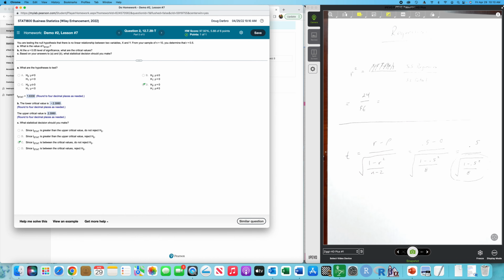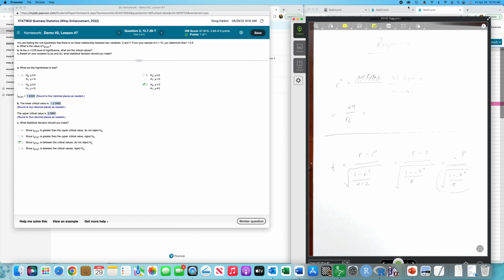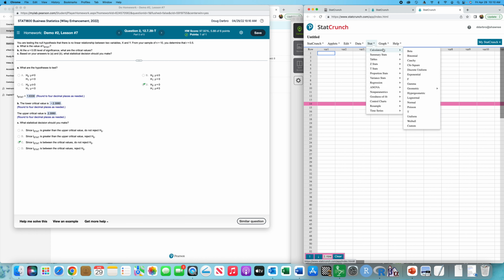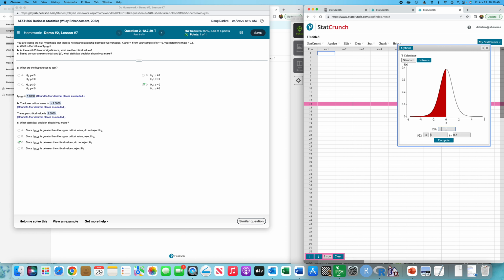All right, let me do a little housekeeping here. Now the next part is I need the lower critical value. So I'm going to go to STAT, going to go to T. I need my degrees of freedom to be n minus 2, which is going to be 8. And I have a level of significance of 0.05. So that tells me that I need 0.05 divided by 2 in the left tail, designated by the less than.